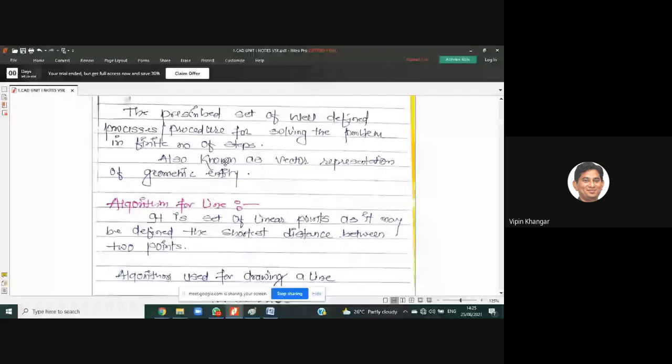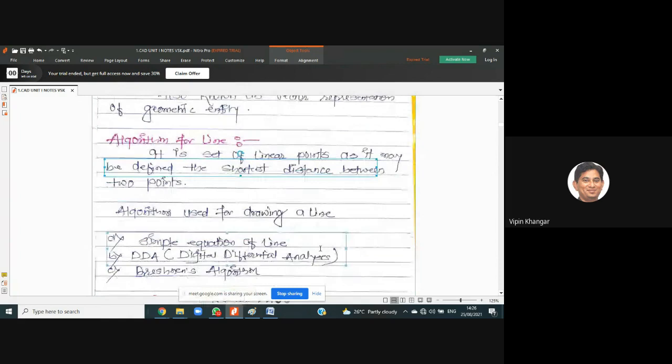So basically, what is a line? It is the shortest distance, the set of linear points defining the shortest distance between 2 points. So 2 points are given which can be shown on your 2D graph or your display with the help of X and Y components.